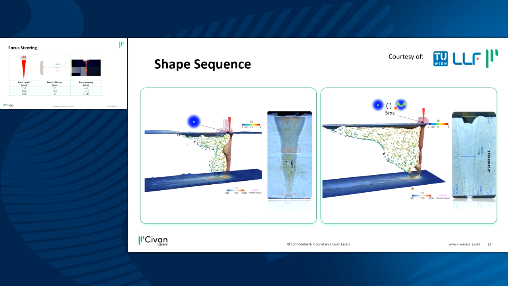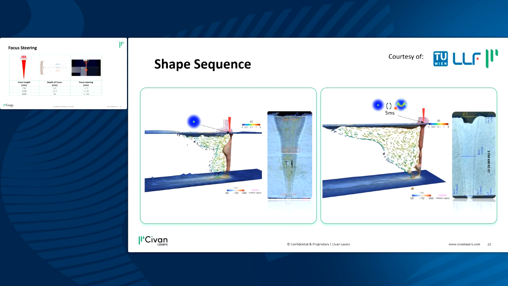But in addition to that, we can also steer the beam electro-optically. As I mentioned earlier, we can move the Z-axis in addition, and you can see here the capability to move the Z-axis in relationship to the focal length we use.